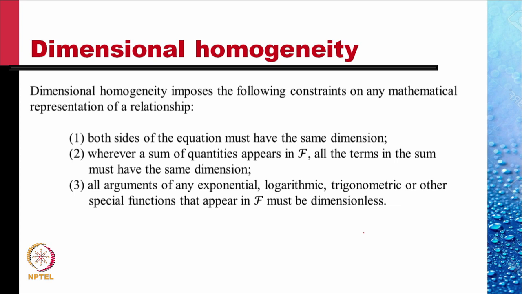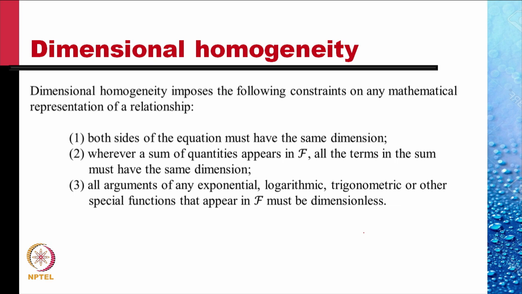Second, wherever a sum of quantities appear in F, that is, F is a polynomial, there are more than one terms added or subtracted in F, then each of these terms must have the same dimensions.